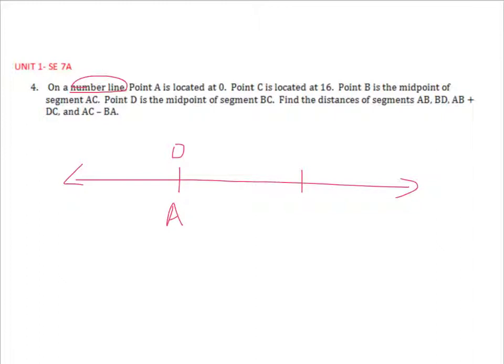So point C is located at 16. Then it tells you point B is the midpoint of AC. So AC goes from 0 to 16. Point B is the midpoint, or it's in the middle. And the point in the middle between 0 and 16 is 16 minus 0 divided by 2, which is 16 divided by 2, which is 8. So B is 8.